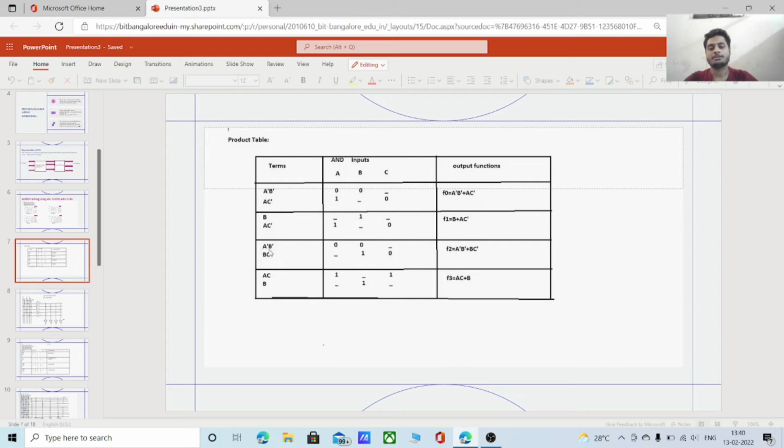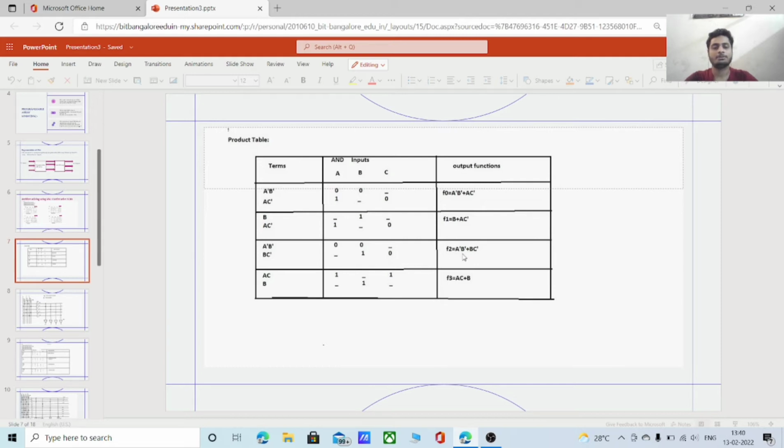Third function is A complement B complement plus B into C complement. So first term is A complement B complement. In place of A we use 0, B is 0, and we don't have C, so it's a dash. And B C complement, A is a dash, in place of B we put 1, and C we put 0.